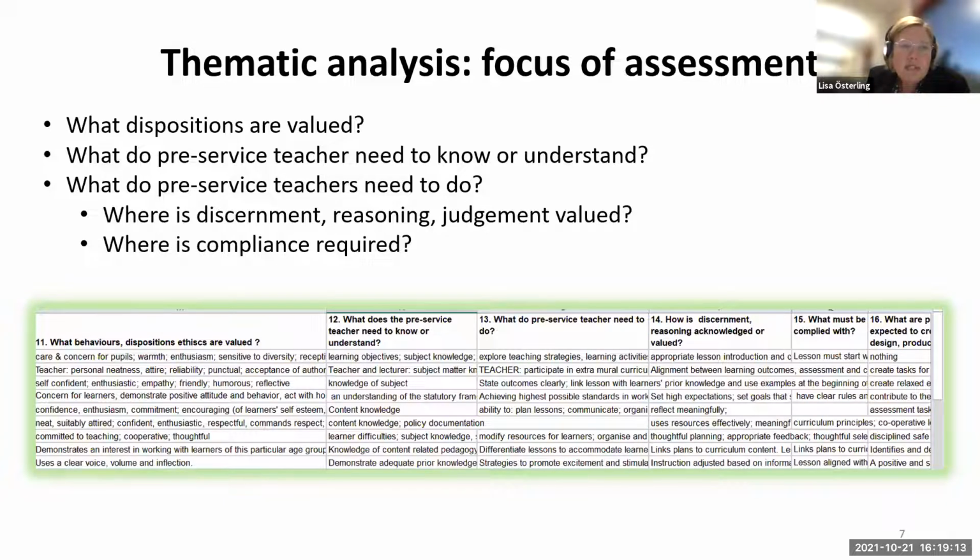So we looked for dispositions that were valued, what pre-service teachers need to know or understand, what they need to do, and whether, when it comes to doing, there is discernment or reasoning involved, or merely a compliance to follow rules that is valued. So before we turn to LCT, we made a rather classic but extensive thematic analysis of all the different criteria. You can see some examples here, even though the text is very small.